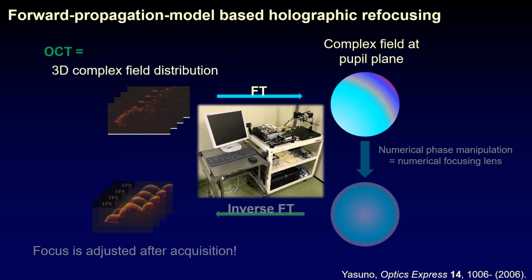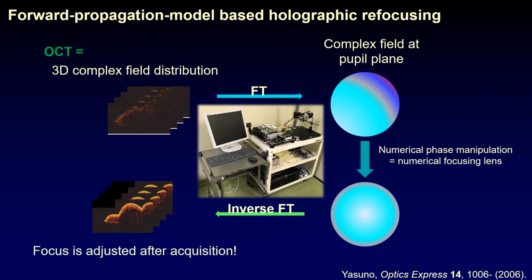By this, we have the complex field distribution at the pupil plane, and then we add a phase function which mimics an additional focusing lens, and then inversely Fourier transform it back into the sample domain. By this operation, we can change the depth location of the focus after the acquisition. By applying this method to all of the depths, we can have an OCT volume which is in focus throughout all of the depth.